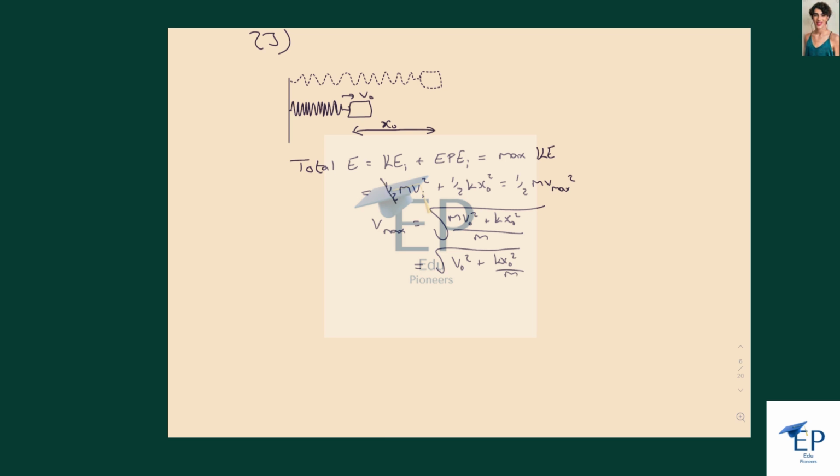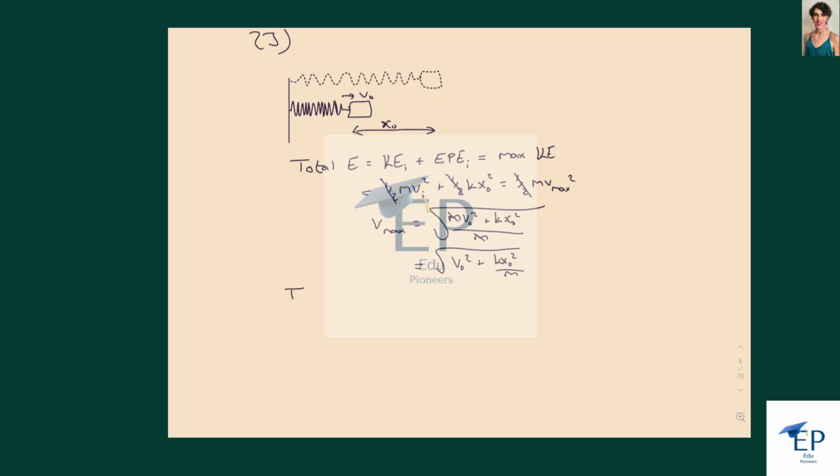First thing we can do is obviously cancel all the halves. Then the m of the m v naught squared will cancel with the m on the bottom. However, k x naught squared will still be affected by the m on the bottom there, so you have k x naught squared over m, leaving you with this final expression here for v max.